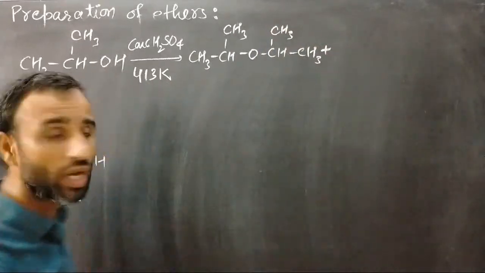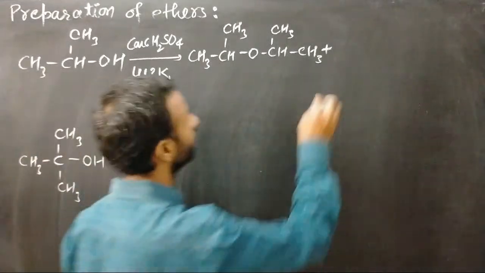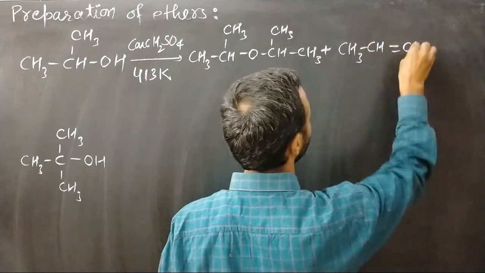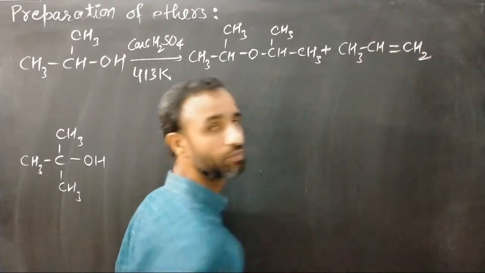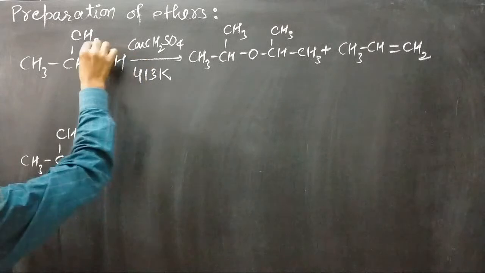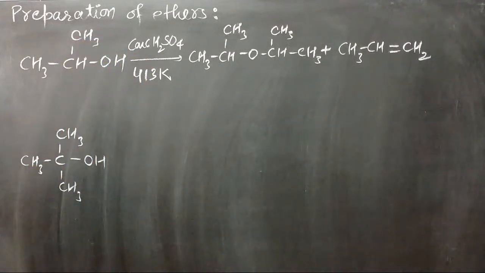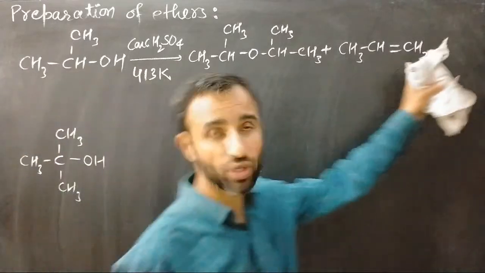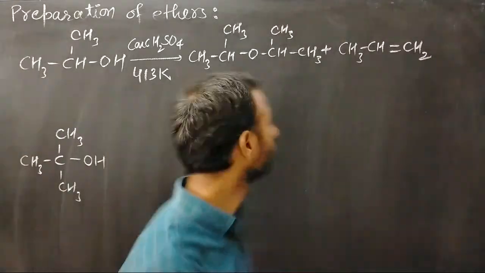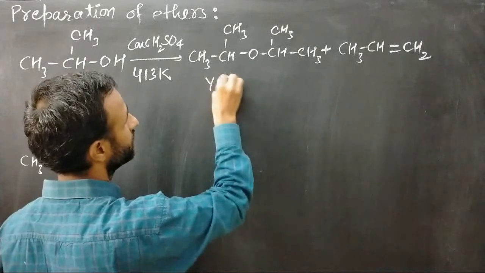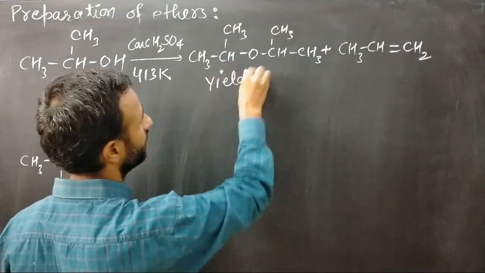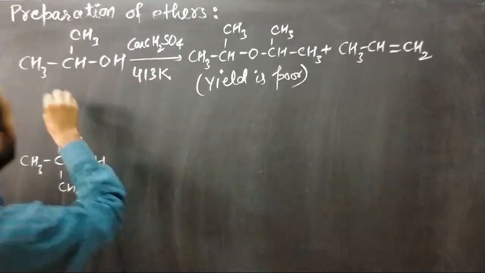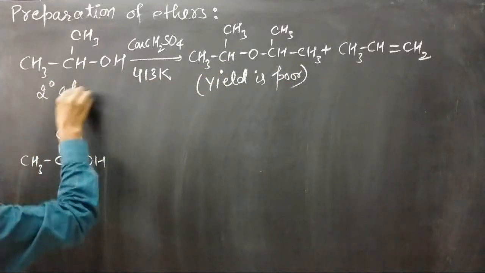But along with it, we can get alkene. See, OH and one of the H. Beta elimination reaction also takes place. Means elimination product is also formed. So yield is poor. In this case, yield is poor if alcohol is secondary.